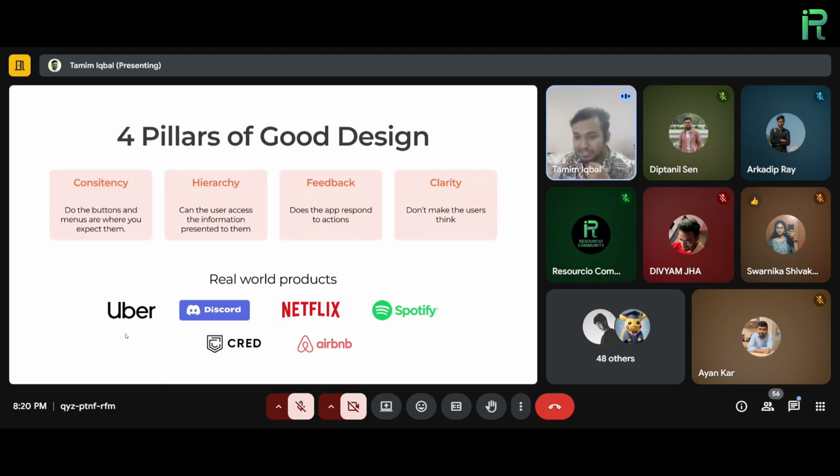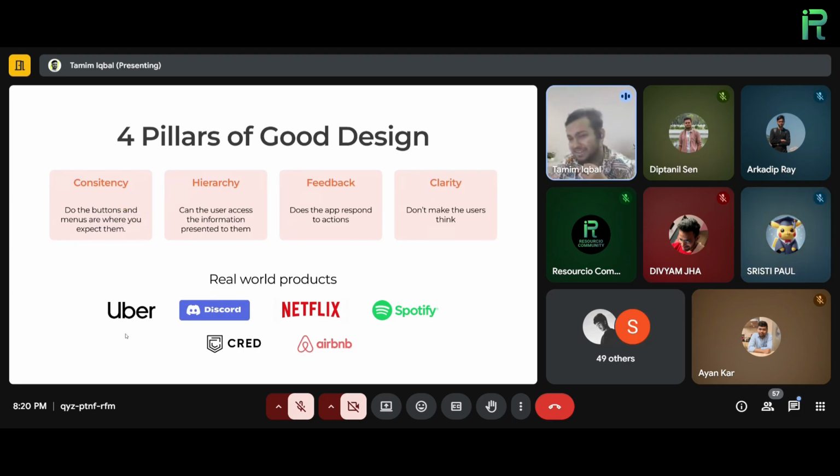If your button keeps changing, like somewhere you're using round buttons, somewhere square buttons, somewhere your buttons have shadow, if there's an inconsistency in these UI elements, it will make the user feel off, and it will not feel like a strong product. It will feel like you have taken too many things from different places and just slapped them onto one thing. So this is something you definitely want to avoid.